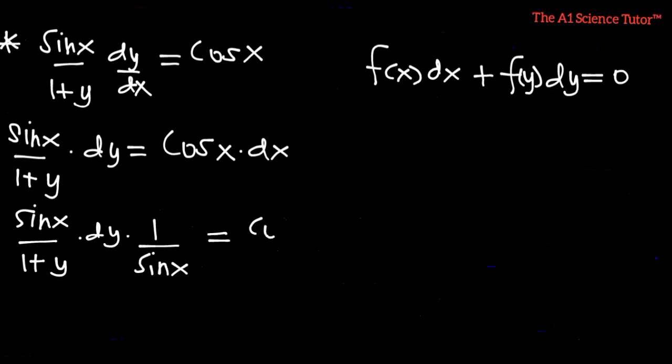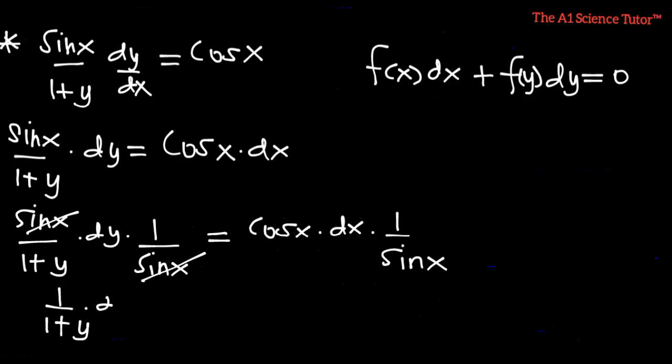And on this other side, I will have this multiplied by 1 over sine x. So this will cancel this out, and we will basically have 1 over 1 plus y multiplied by dy. Then here we are going to have a cos x over sine x.